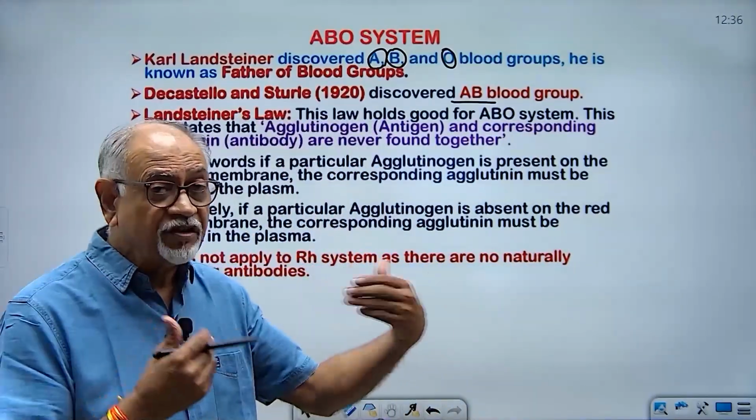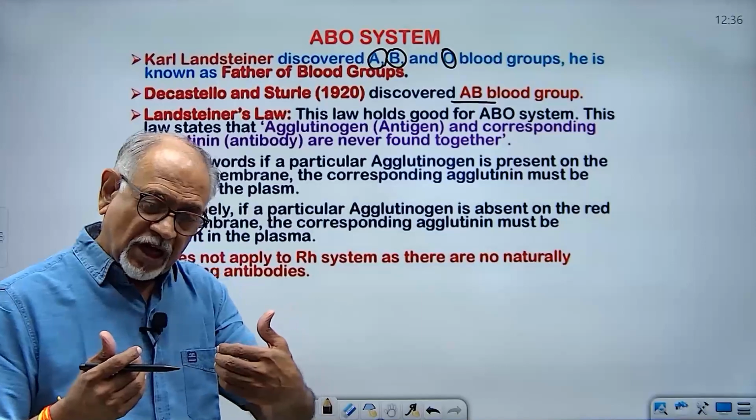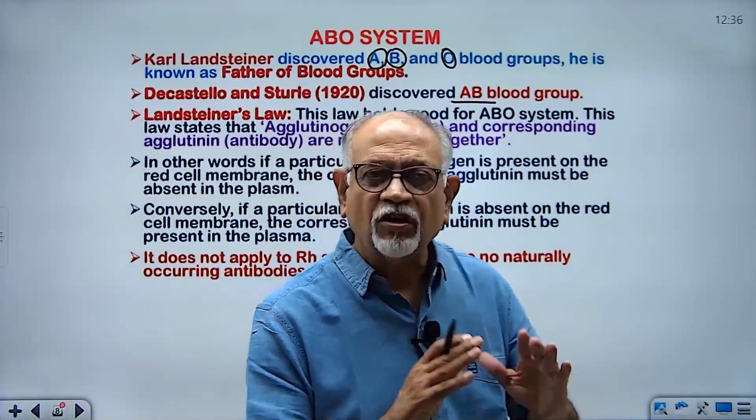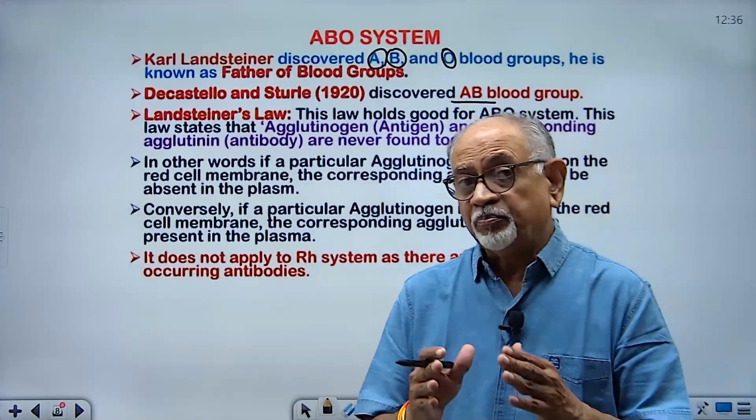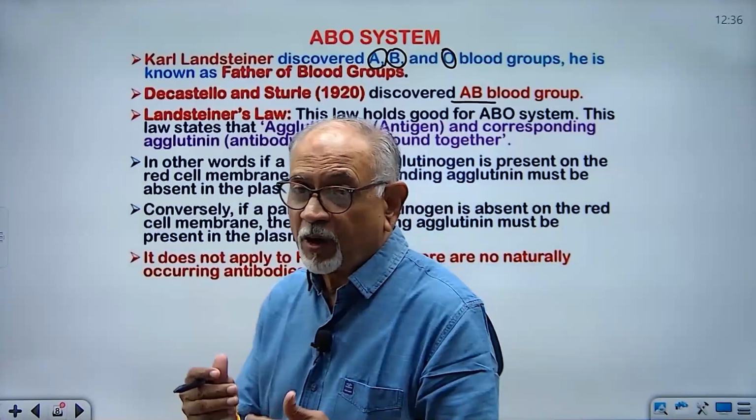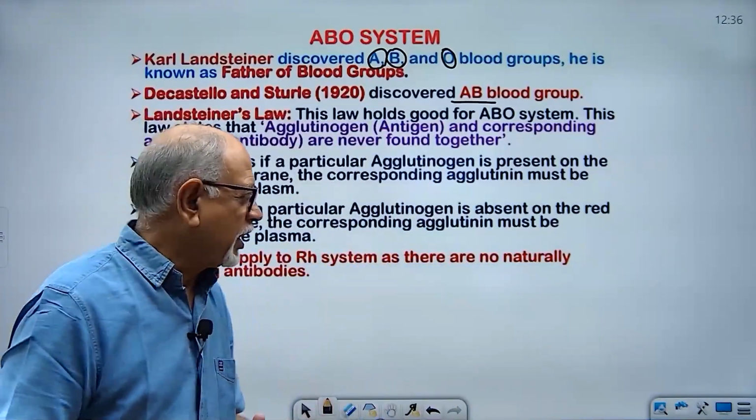But in case of ABO system, the opposite antibody, that means in case of antigen A on RBC, antibody B is present in the plasma of that person. So, opposite antibody is found in the plasma.